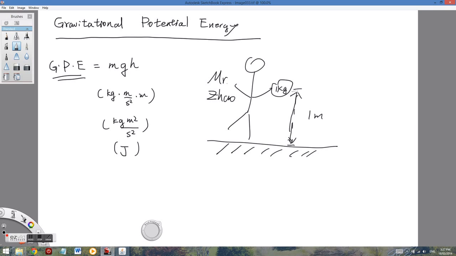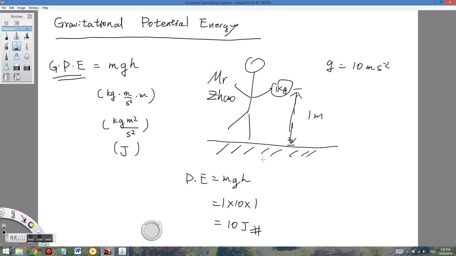Now let's calculate the potential. Let's use gravity as 10. Now the potential energy used to hold this object in the air will be 1 times 10 times 1. Actually, that's 10 joules.